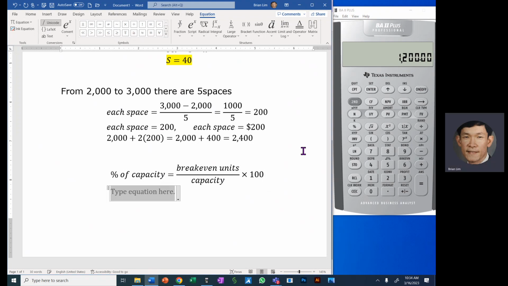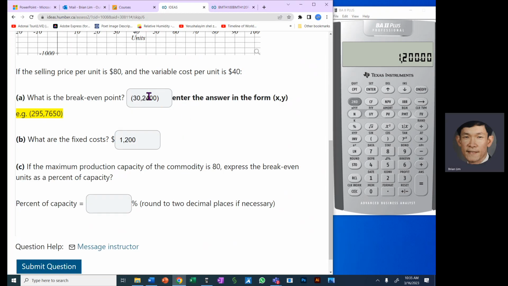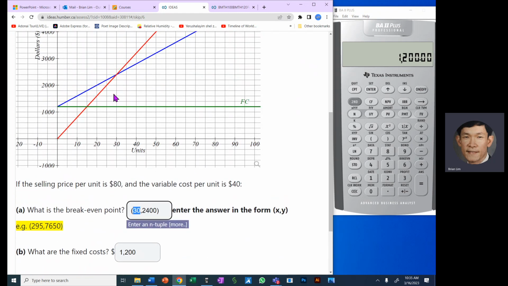All right, so what was the percent of capacity? Break even was how much? I think it was 30, if I'm not mistaken. Yes, there's the break even. And if you want the real evidence, it's right here. The intersection of the total revenue and the total cost, there is a 30.